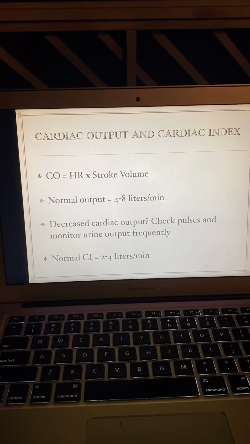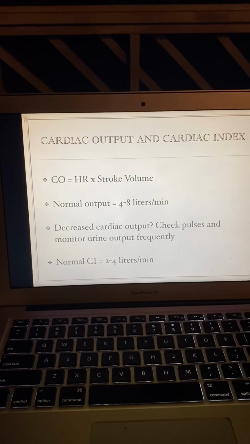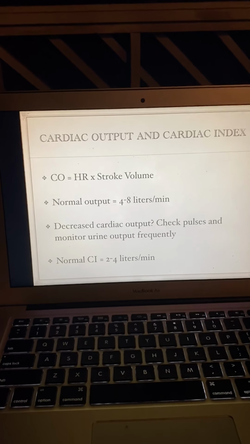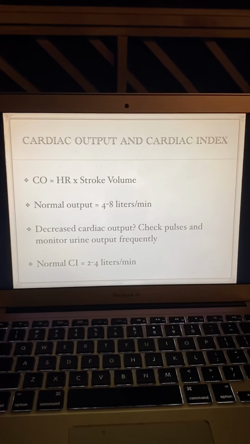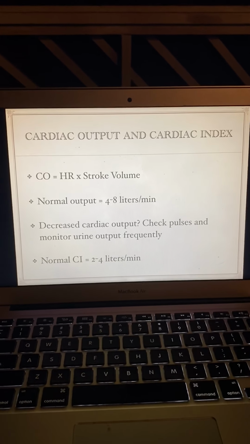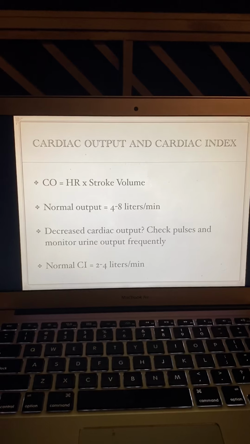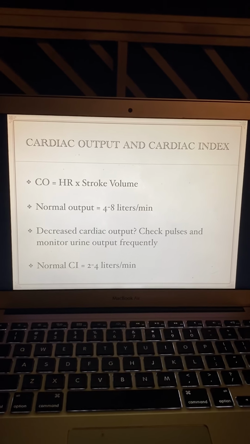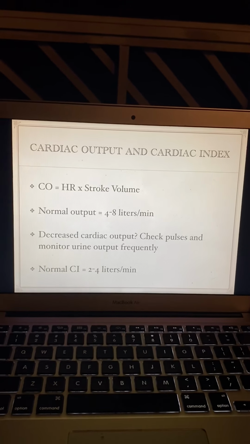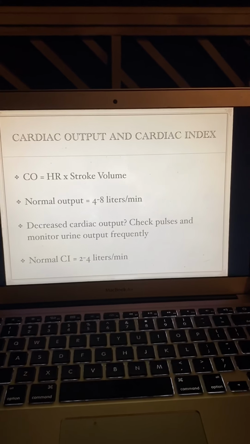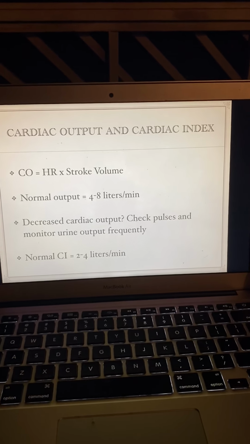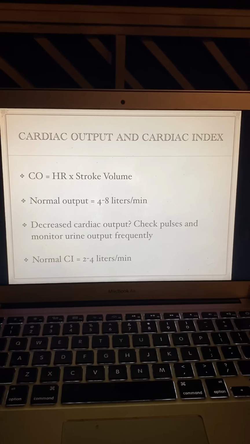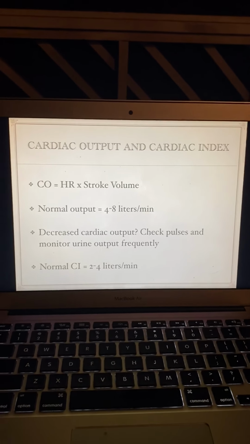So if, let's say, for instance, my urine output dropped to 10 mLs per hour, we're going to assume that my cardiac output is probably not the greatest either. Another thing that I want to note is that if you have a patient with renal disease and maybe they don't have a urine output, maybe they are anuric, you're not going to be able to monitor their cardiac output based on their urine output.